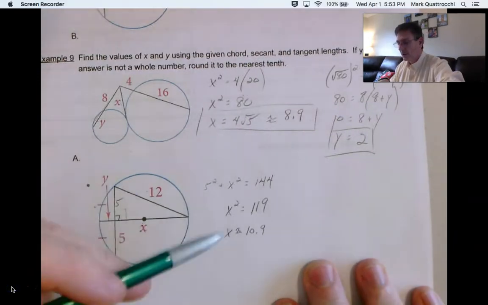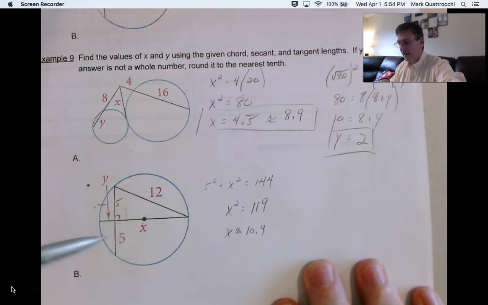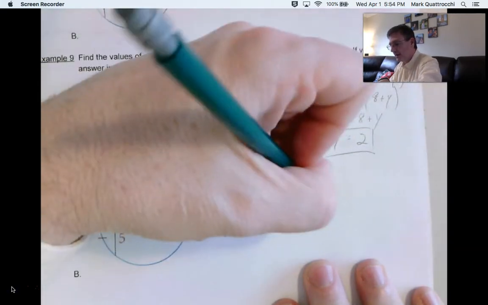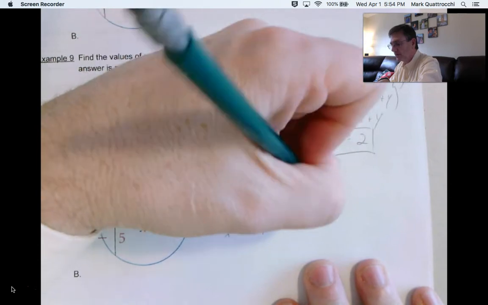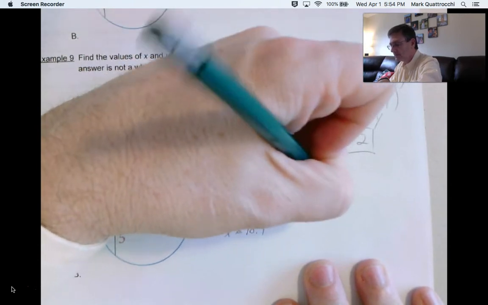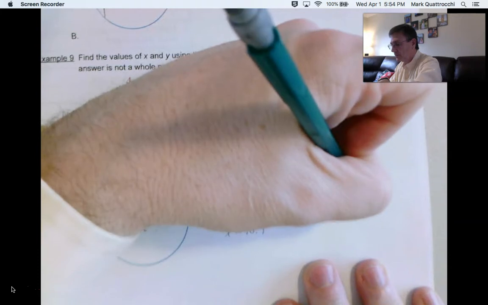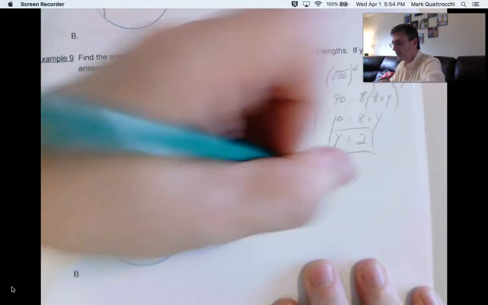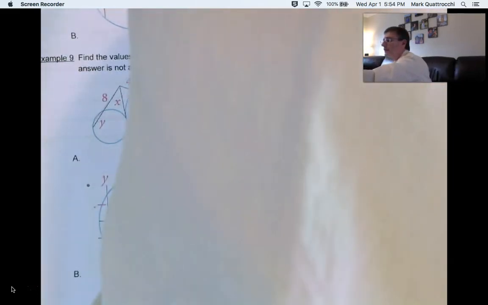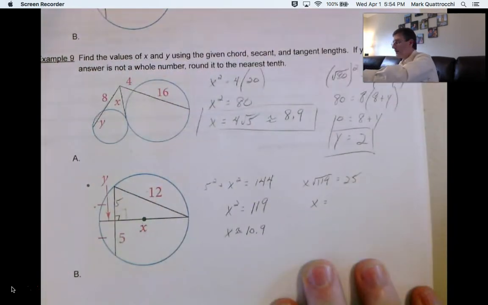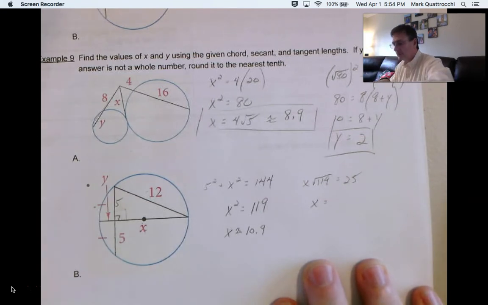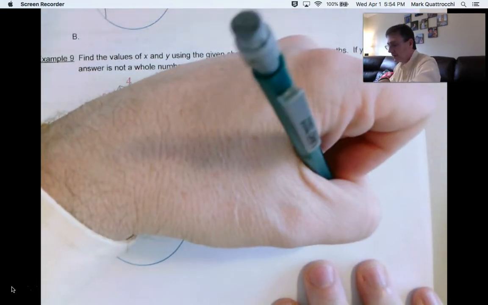We can use the value of x to find the value of y. So we have 10.9, or, you know what? I'm going to write x square root of 119 equals 5 times 5, or 25. So y is equal to, because we can use our calculators for this, 25 divided by the square root of 119, which is equal to 2.3.